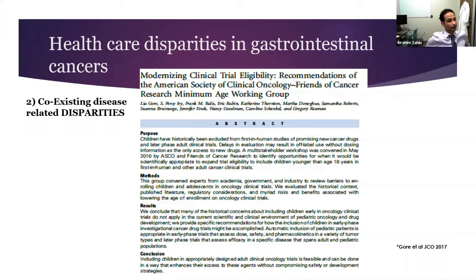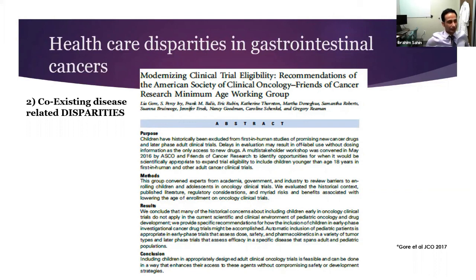There are very promising early-stage trials, and unfortunately children are excluded from these trials. Now there is recognition that this is a problem, because we are preventing potentially beneficial treatments from being accessible to children.